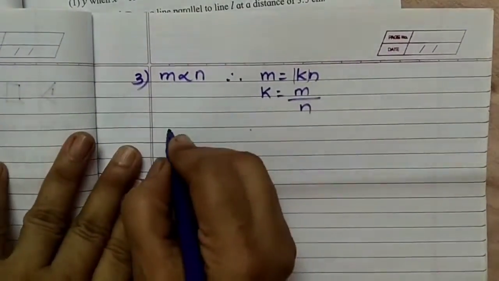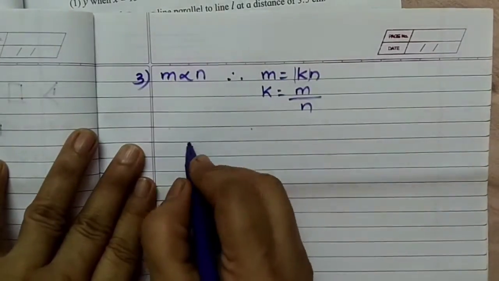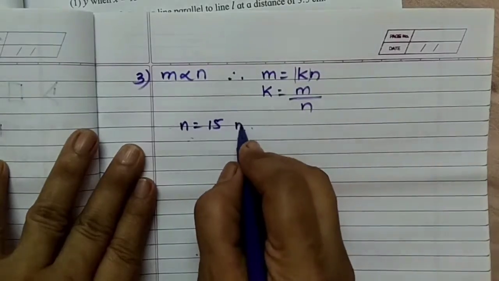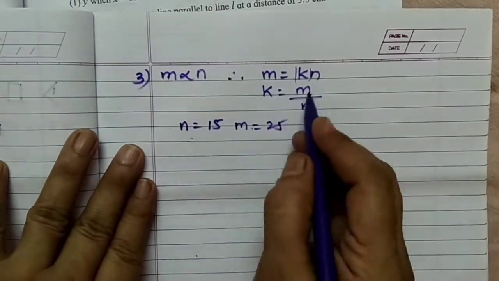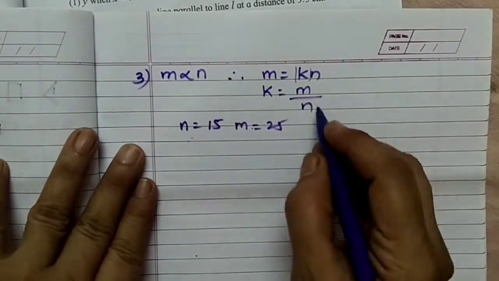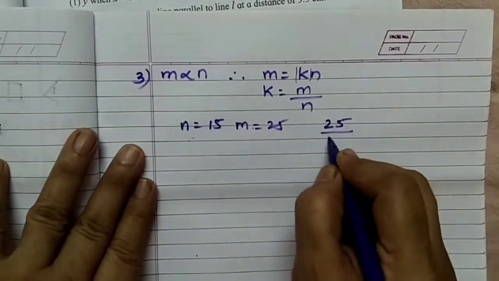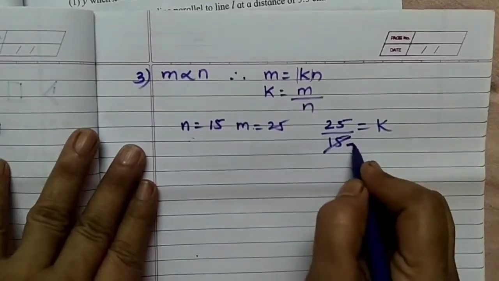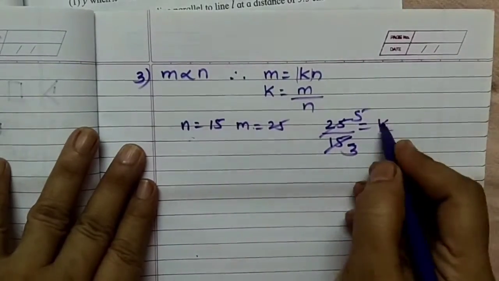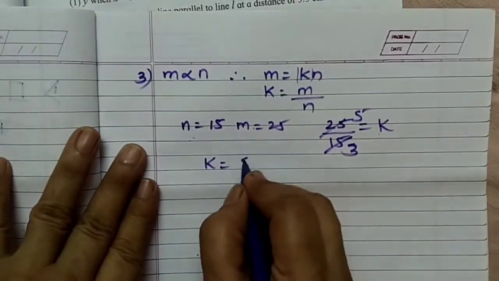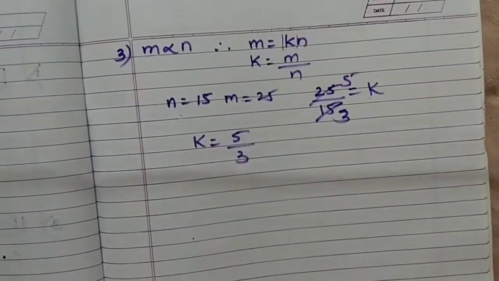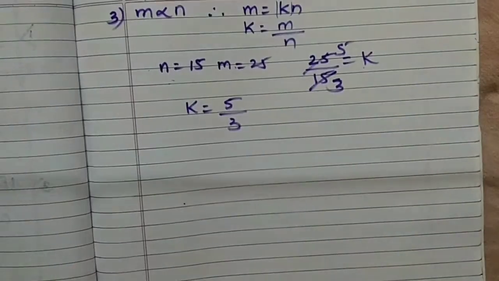They have given us n is 15 when m is 25. So to find out k, 25 upon 15 is equal to k. 5 3s are 15, 5 5s are 25. So k is equal to 5 upon 3.